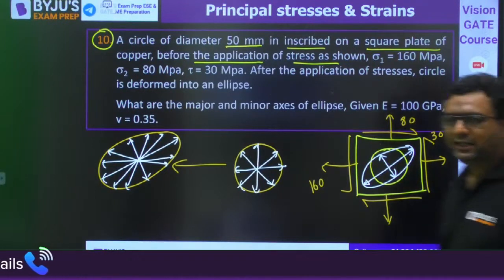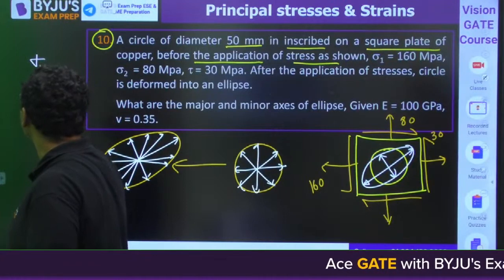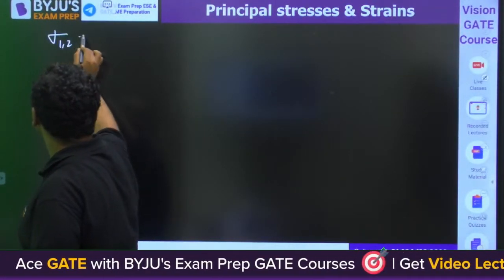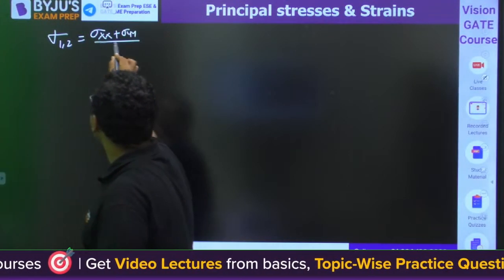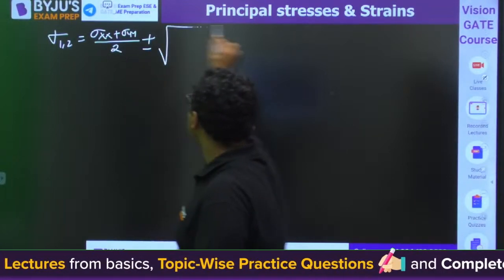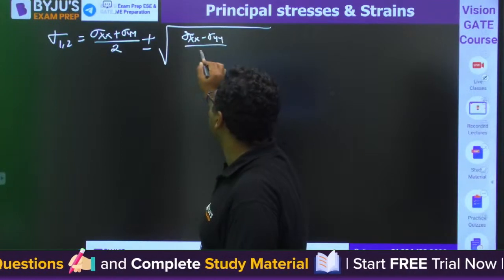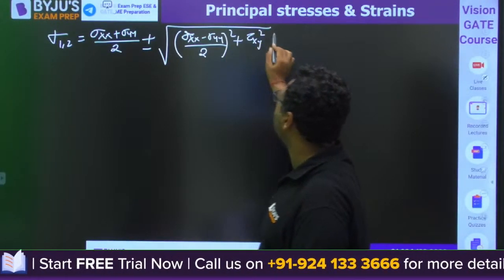So you just need to find out first of all the principal stresses sigma 1 and sigma 2. For that you know the formula: sigma 1, 2 is sigma xx plus sigma yy by 2, plus minus square root of (sigma xx minus sigma yy by 2) whole square plus tau xy whole square.